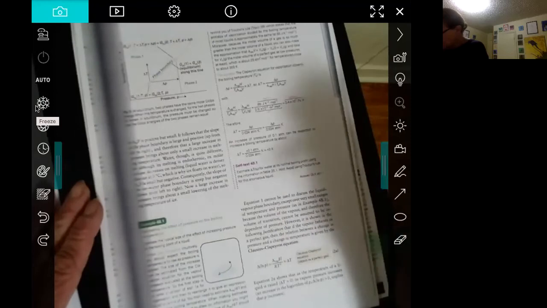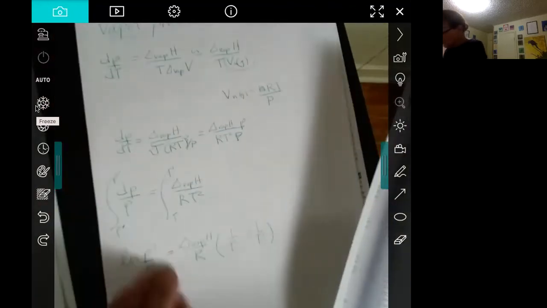And so you could think about the equation for any line on a phase diagram using that equation. But we want to think about actually integrating it in case we're not going over a small enough temperature range.